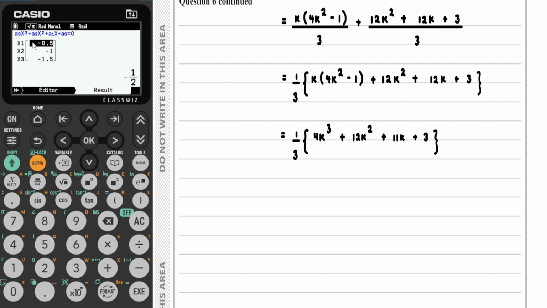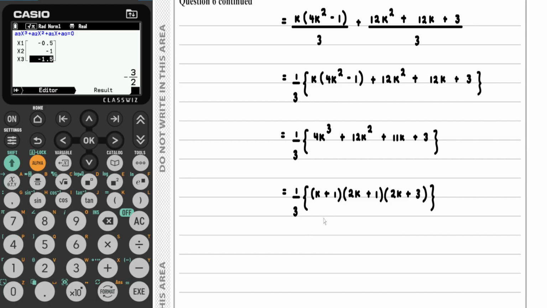So we've got k equaling -1/2, -1 and -3 over 2. Meaning when we factorise this, we would have k plus 1 times 2k plus 1 times 2k plus 3.